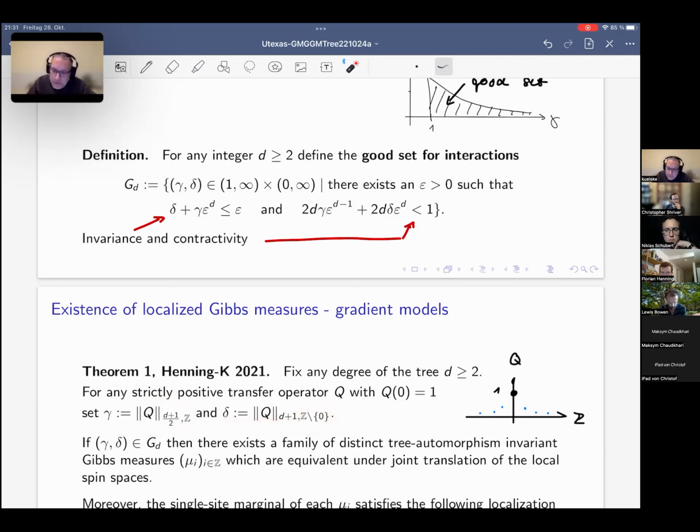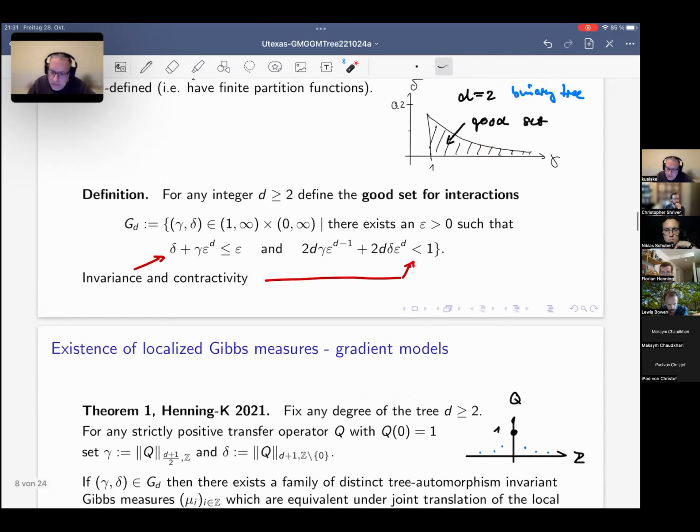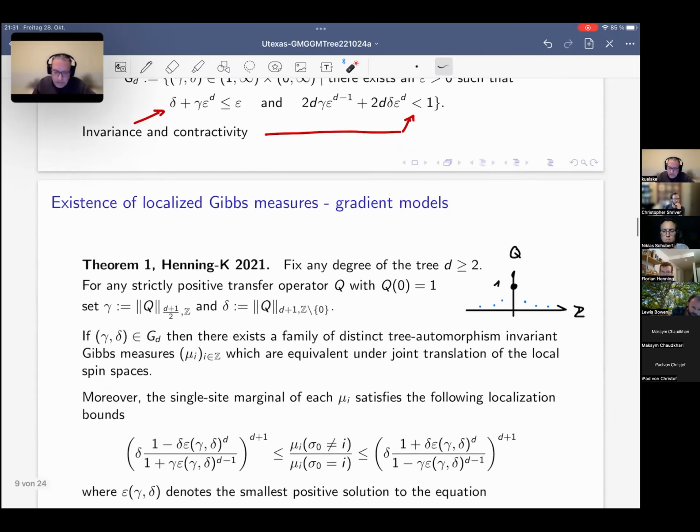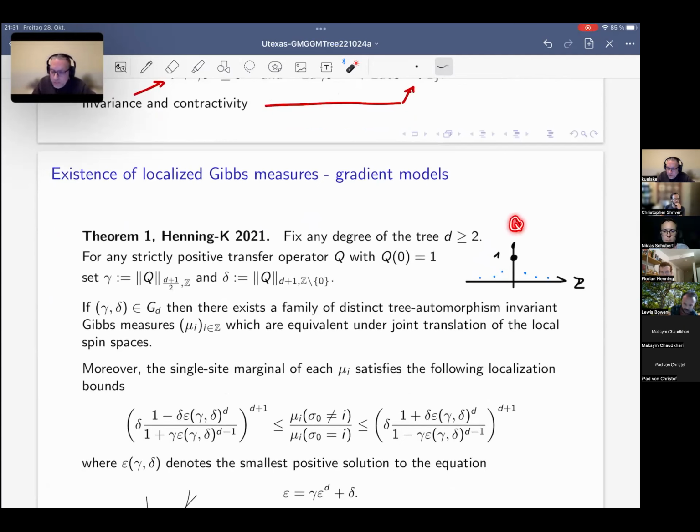So if you fix the gamma, then the delta needs to be smaller than this value to be in the good set. That means that the Q should be concentrated somehow, should resemble the indicator of 0, but otherwise there can be small things, of course, to make the model non-trivial.